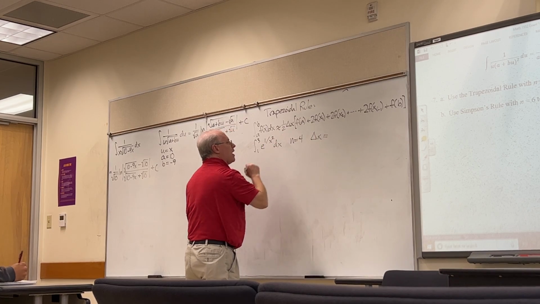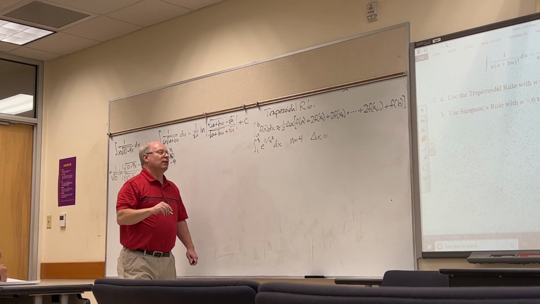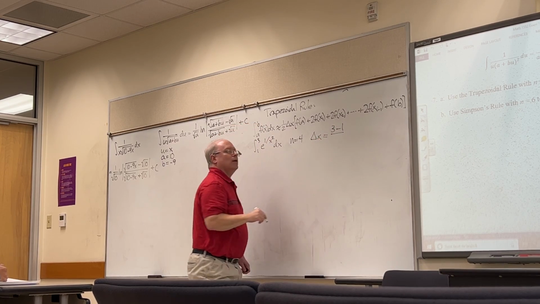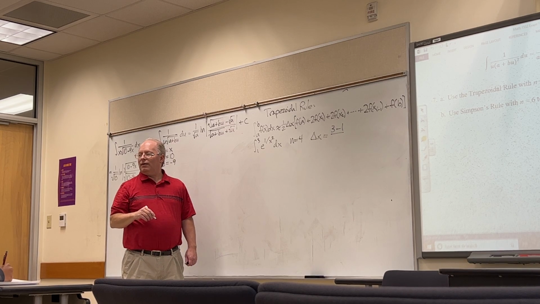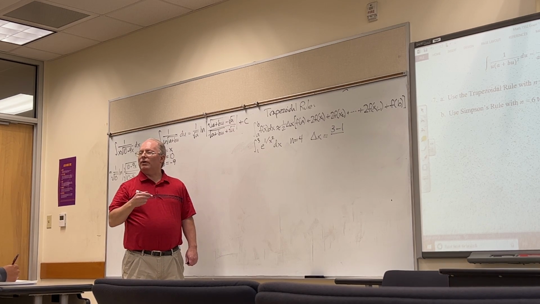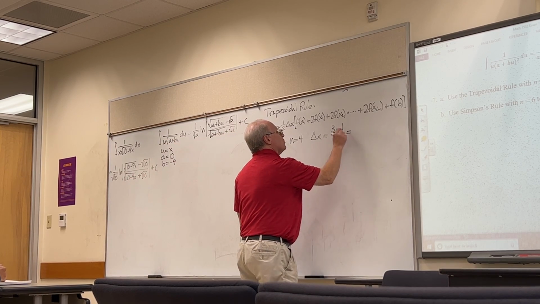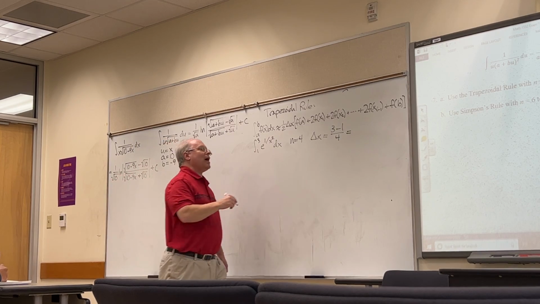So how do we get the value of delta x? It's b minus a, over n. So 3 minus 1, divided by 4. What does that give us? 1/2.